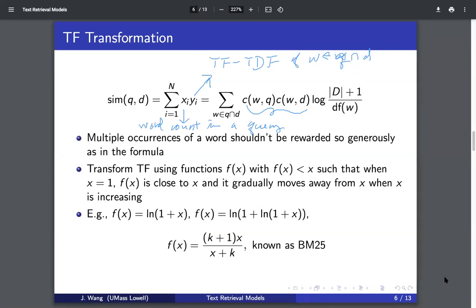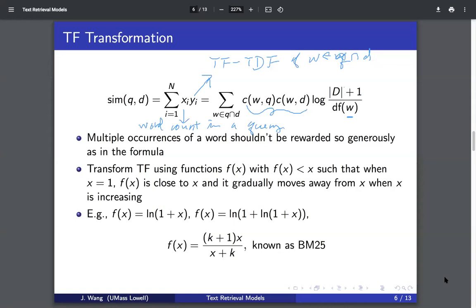So now we look at the document frequency for this word in the underlying corpus. We count how many documents contain this word w, and then take the IDF, so there's a log of the length of D plus 1. That is using TF-IDF. So we write it out, and then it becomes this.